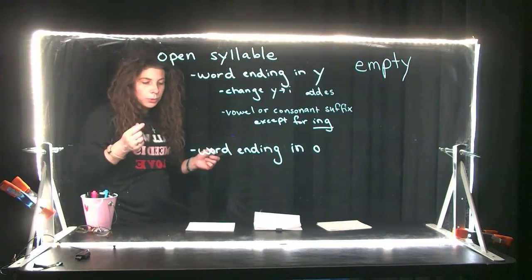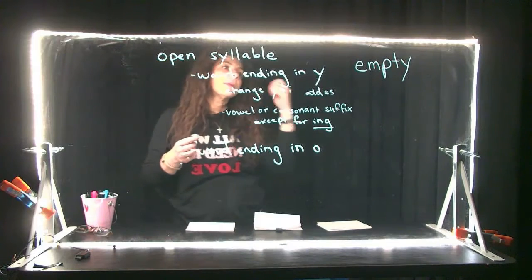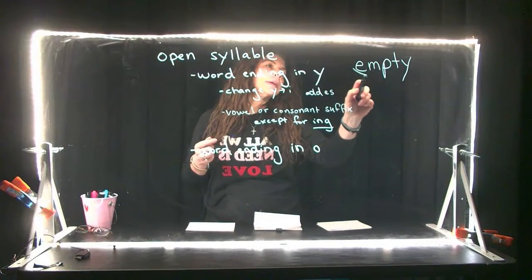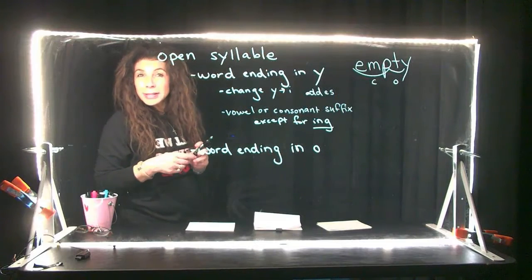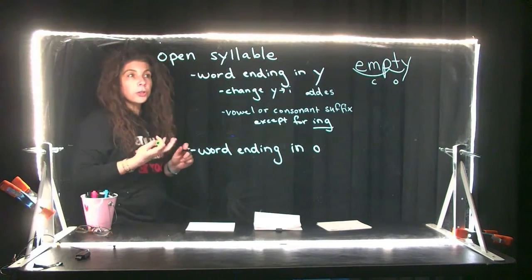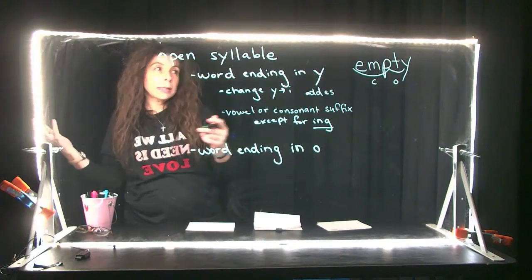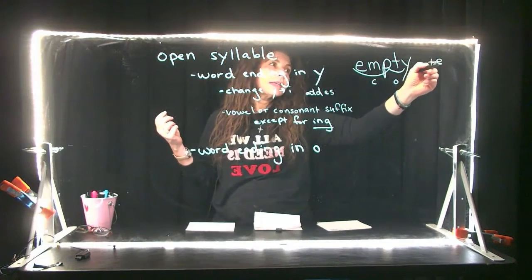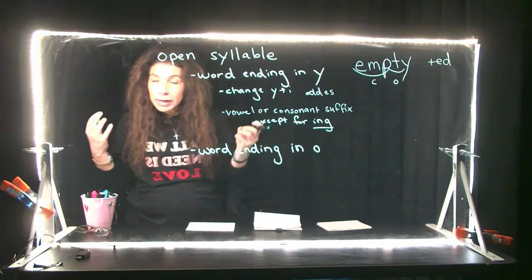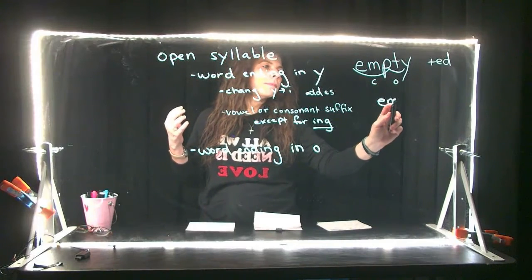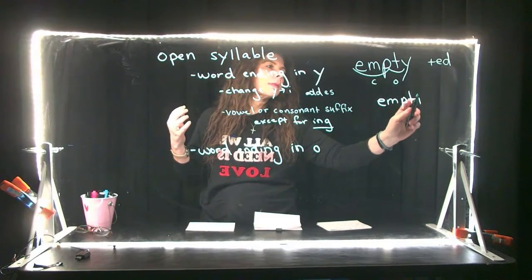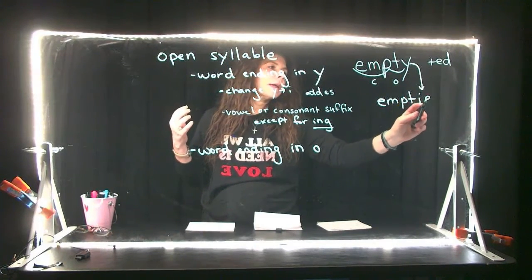All right, so let's look at the word empty. So this is empty, a closed syllable with an open syllable. If I want to say I emptied the trash, I emptied it, so I'm going to add the suffix ed. I must change that y to an I, and then I add ed.